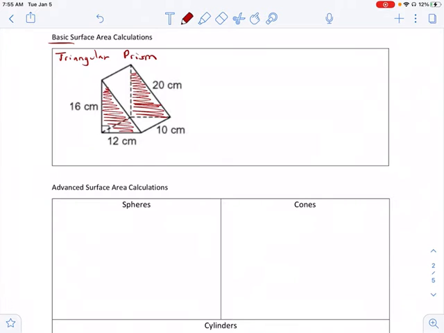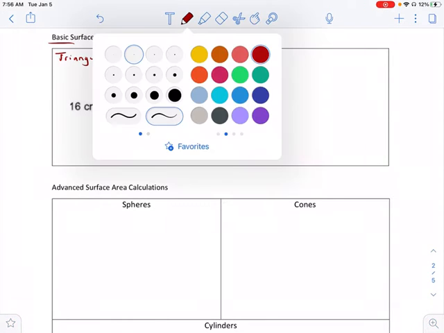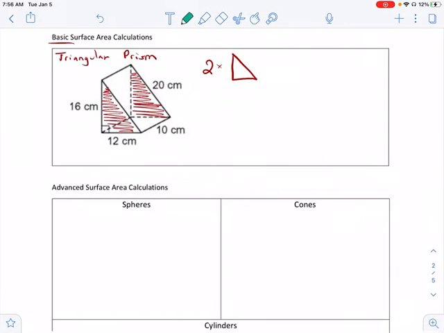So if I have to do the surface area of this shape, what I really want to do is break it down into all of its components and then find the area of those shapes. Sometimes I'll even write this out almost like I'm ordering something. I have two of these triangles on here, the ones that I have highlighted, so I'll need to figure out the area of those.